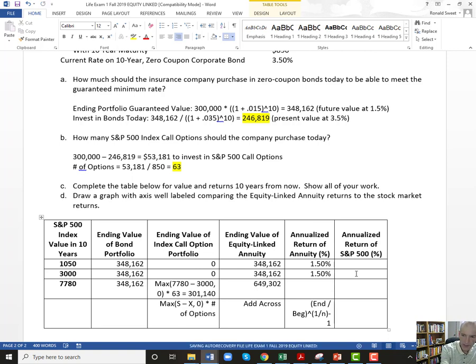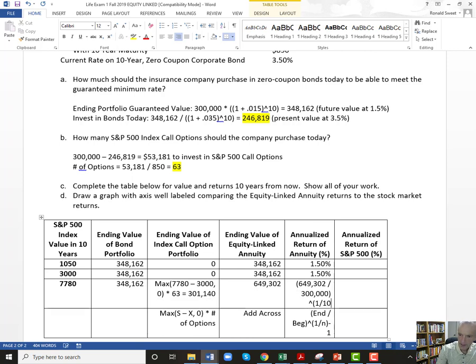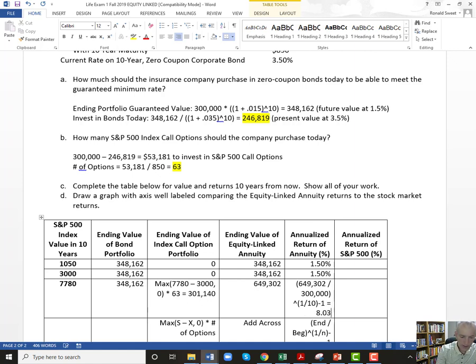So here the ending value is 649,302. Remember, they came to us with $300,000. We take all of that and we raise it to the 1 divided by n, remember 10 years, minus 1. And we do all of that, you should get a return of 8.03%.